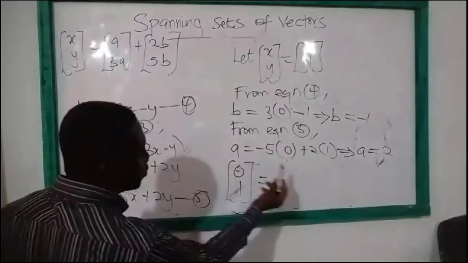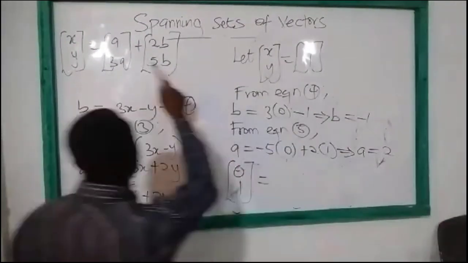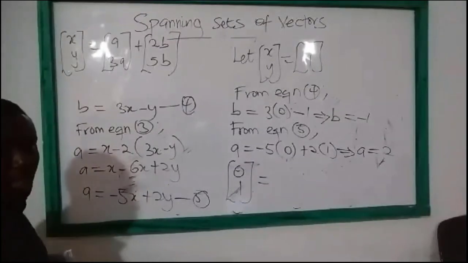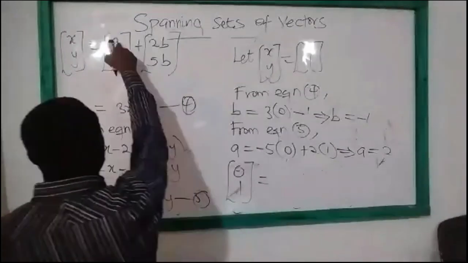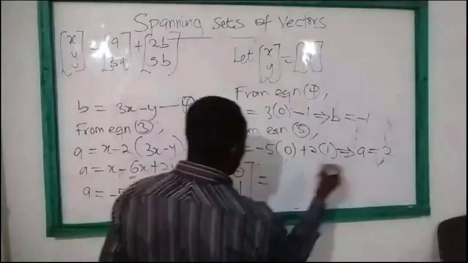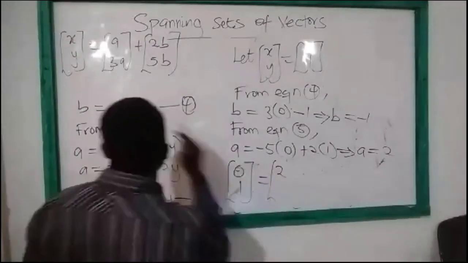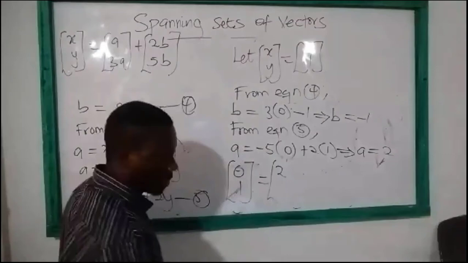So we are going to substitute the values of A and B that we have gotten into the linear combination set of equations we have created. Okay, so we had A to be 2. I'm going to put it there. And then we have 3A, so it's going to be 3 times 2, which is 6.